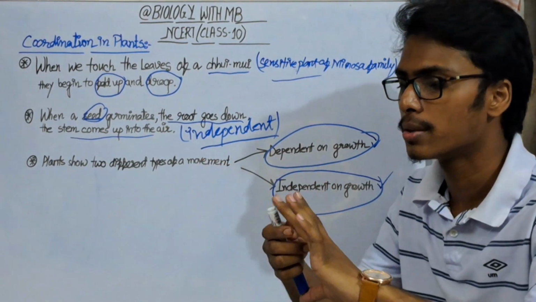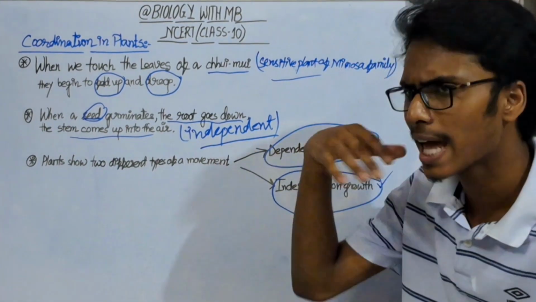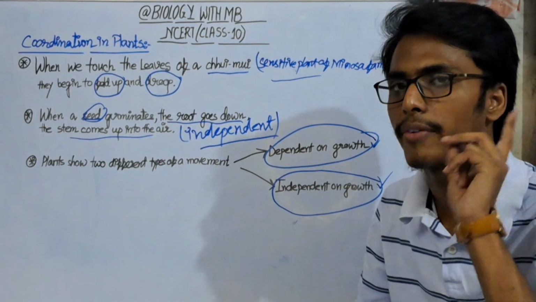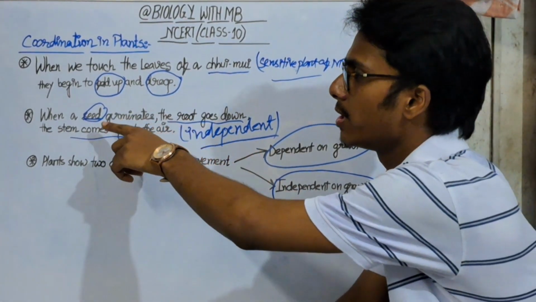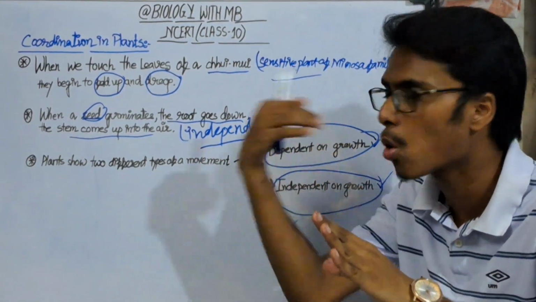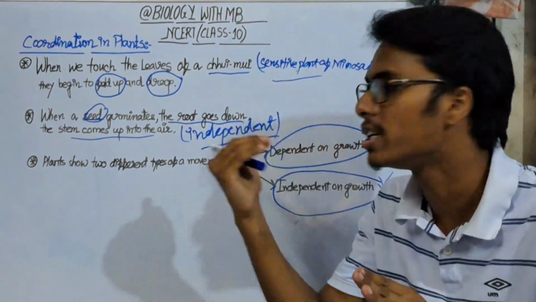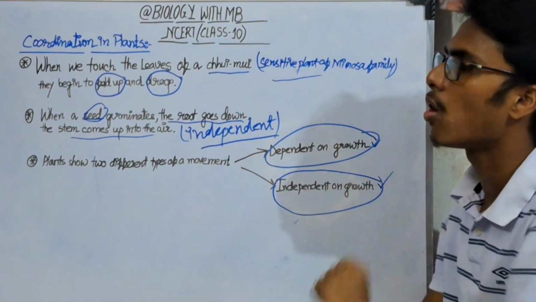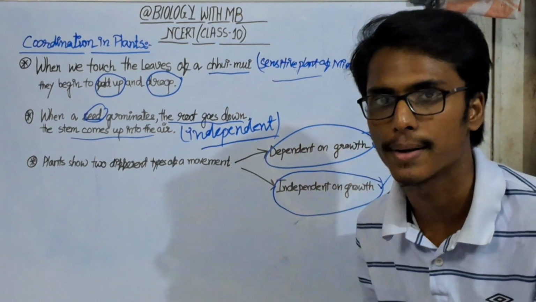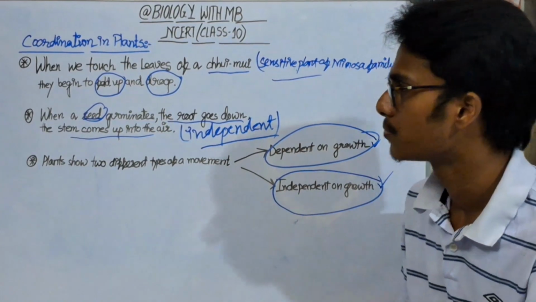Like when any external factor is given to a seed, or it resists the growth of a seed, or gives an unfavorable condition to it, then dependent on growth happens. In that case, we will not see any kind of growth.